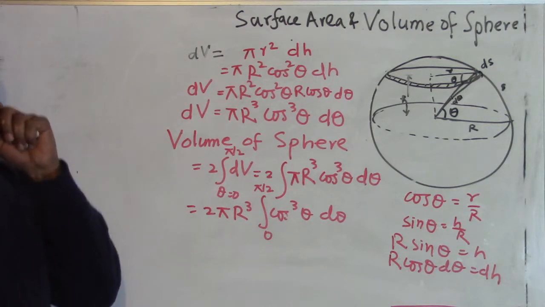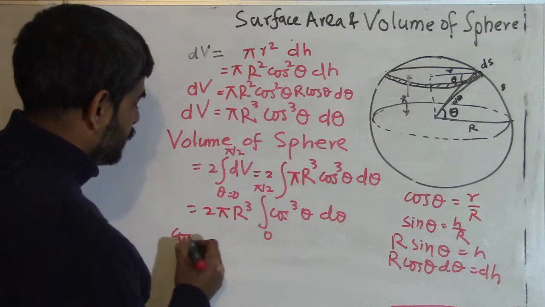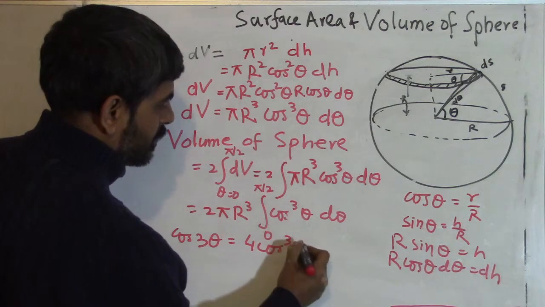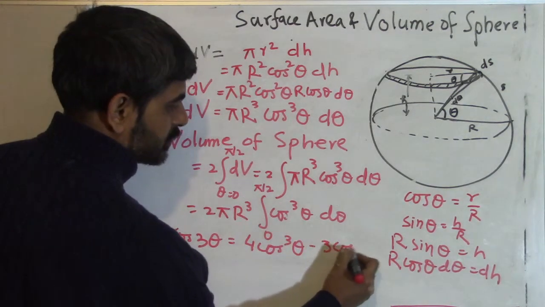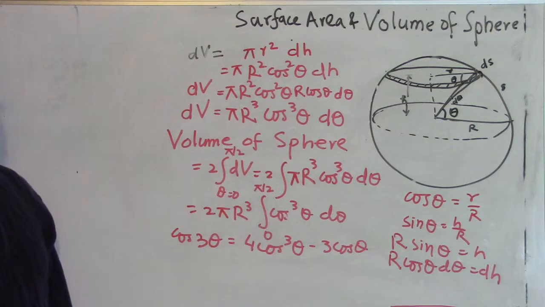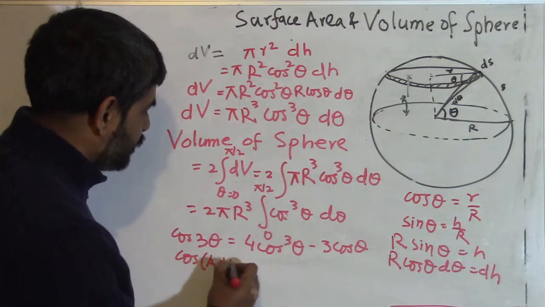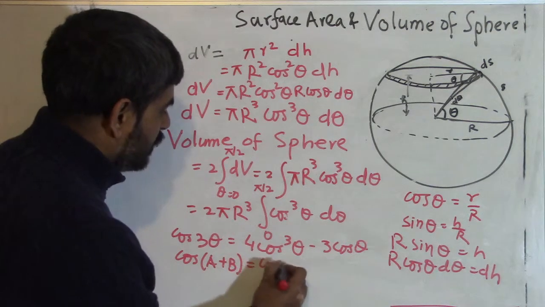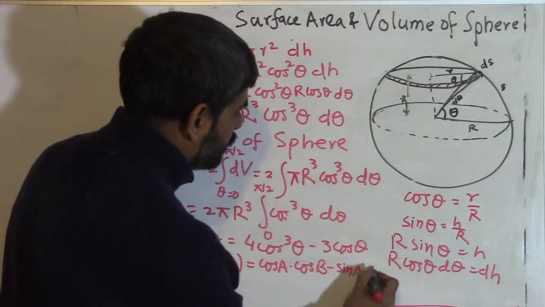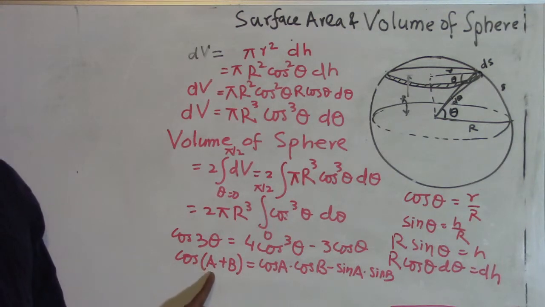To integrate cos cube theta, we use the trigonometric identity cos 3 theta is equal to 4 cos cube theta minus 3 cos theta. And if you have forgotten it, you can derive this quickly using the formula cos of A plus B is equal to cos A into cos B minus sin A into sin B. Instead of A, write 2 theta.